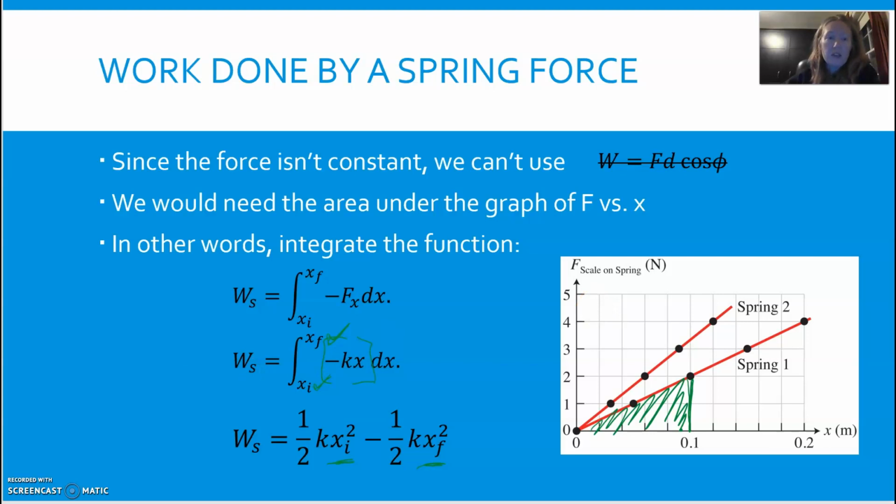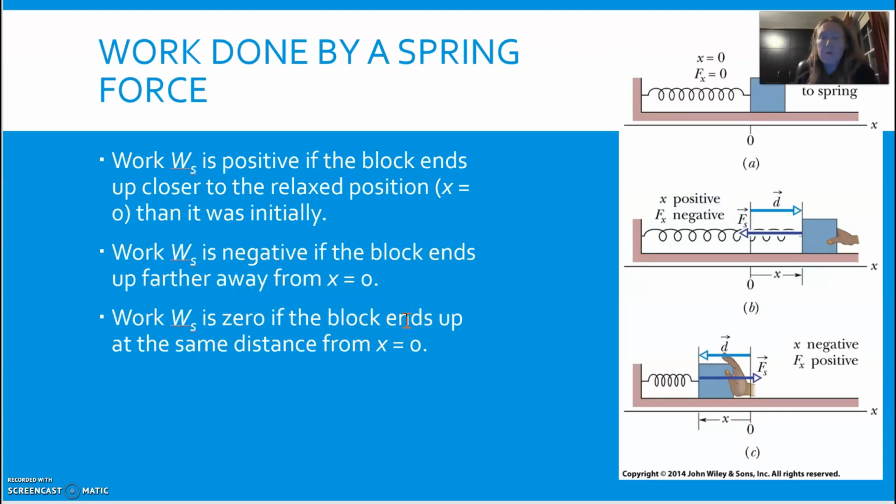So the idea here, the big picture, is when is the work positive and when is it negative? Remember, the work is being done on something attached to a spring. That's really when we care about it. So what we can think of is, when is the spring causing something to speed up?